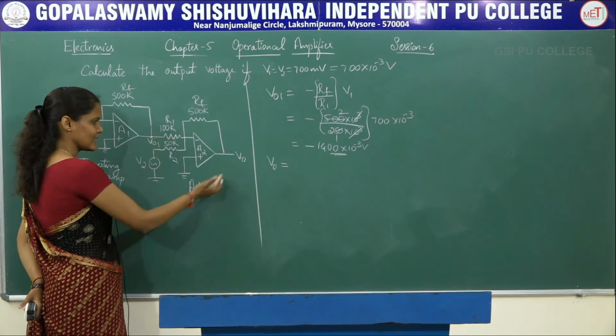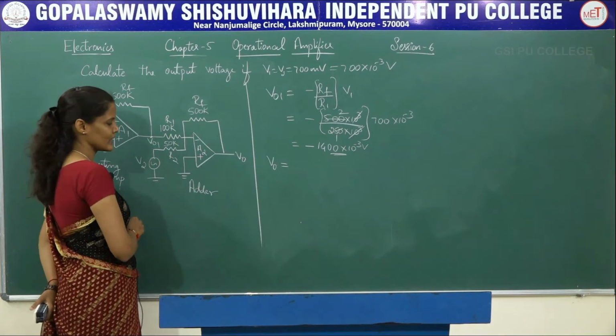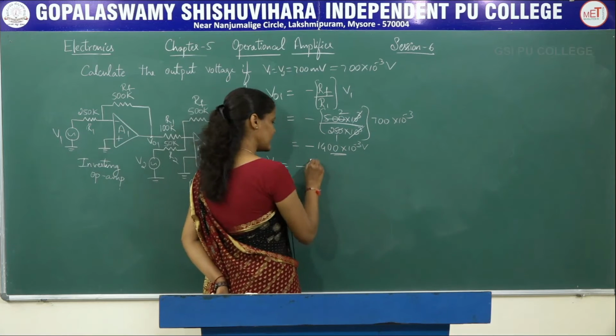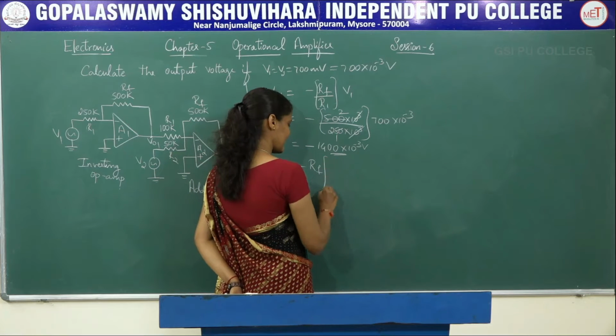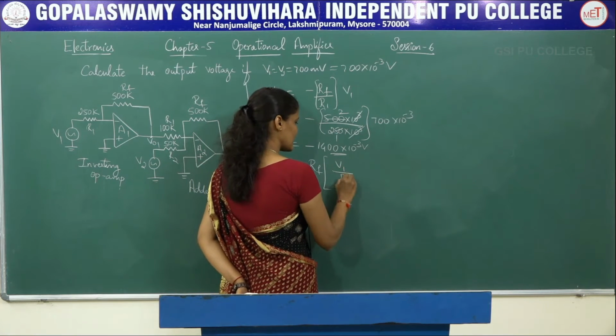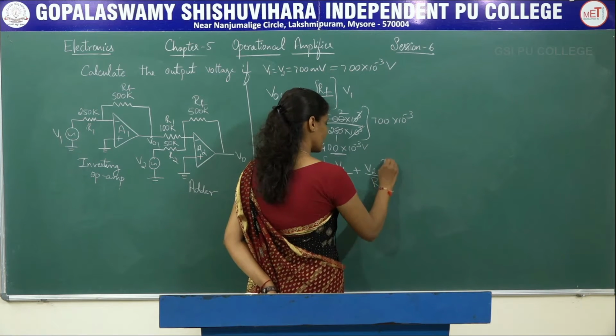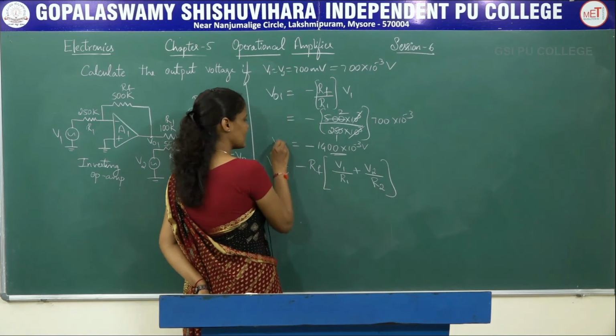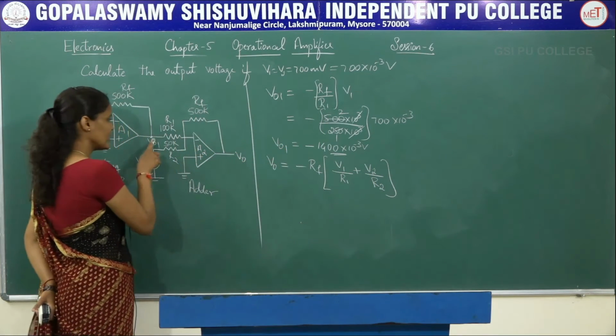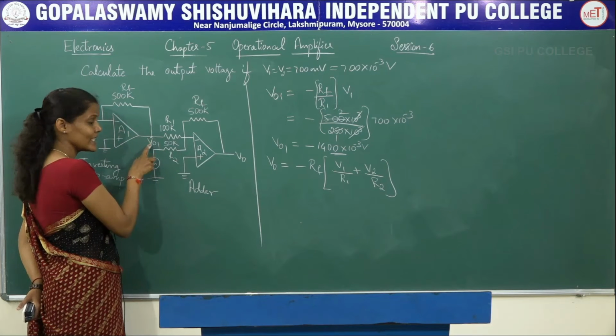Since this is an adder circuit or a summing amplifier circuit, the formula for that will be equal to minus Rf of V1 by R1 plus V2 by R2, where V1 is nothing but V01 itself.